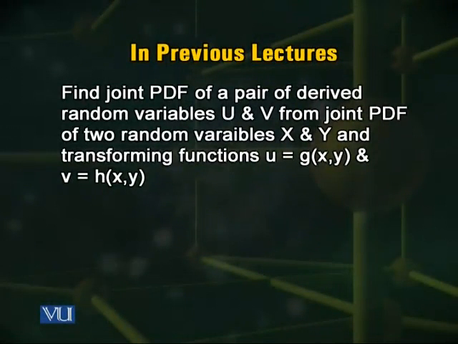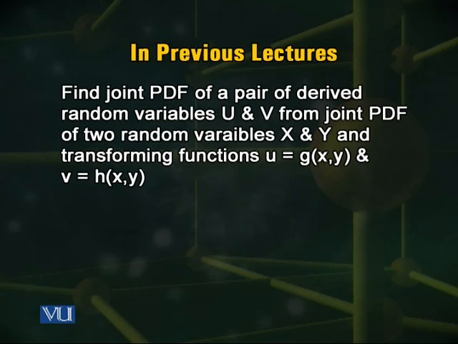The value of u is obtained from values of x and y through a function, say g, which is defined as u being equal to g of x and y.